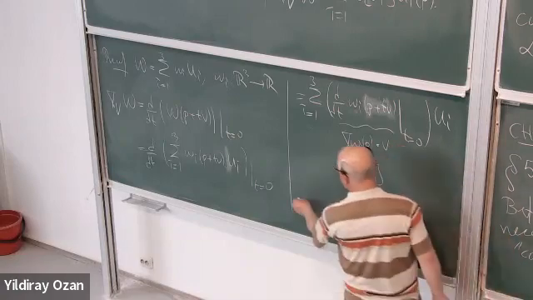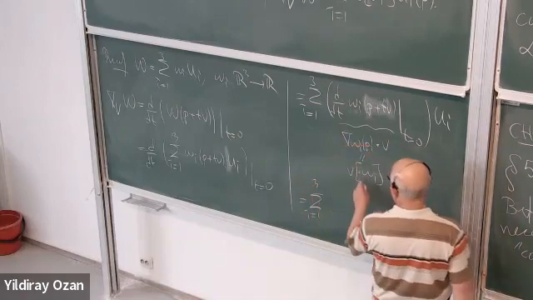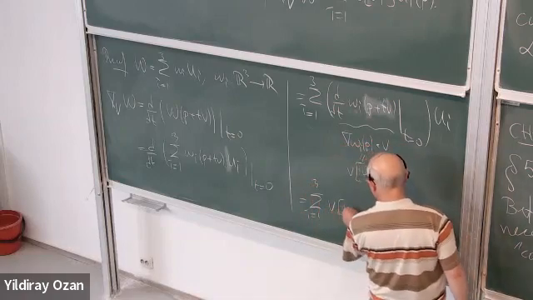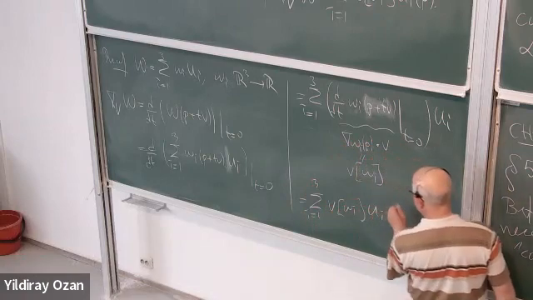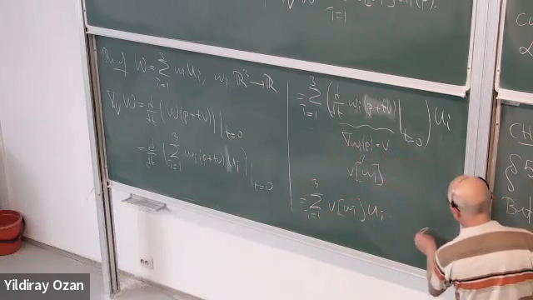So what we get is the sum, i from 1 to 3, of V of Wi times Ui. So this finishes the proof.